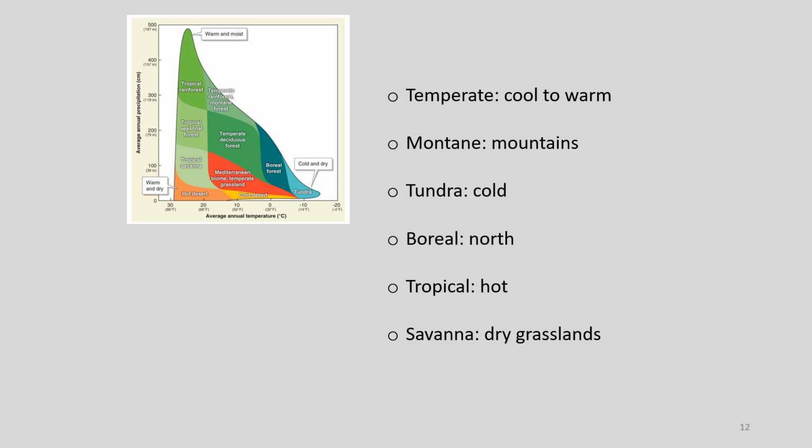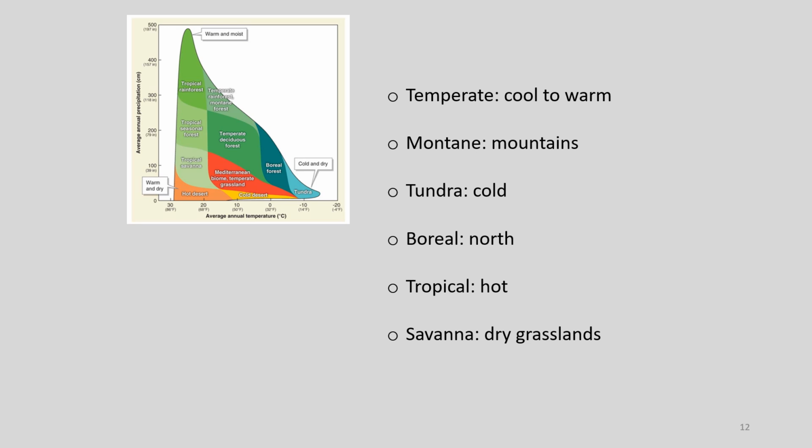Here are a few words that you might not be familiar with, so we're just going to touch on them really fast, and I will try and remind you what they mean as we go through them. Temperate is talking about regions where the temperature range is just cool to warm. It doesn't get super cold, it doesn't get super hot. Montane has to do with mountains.